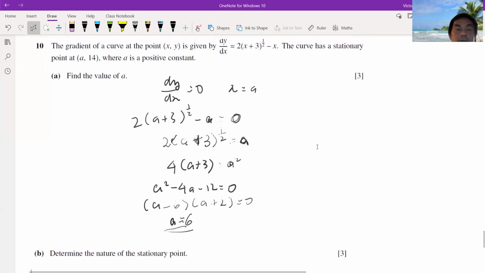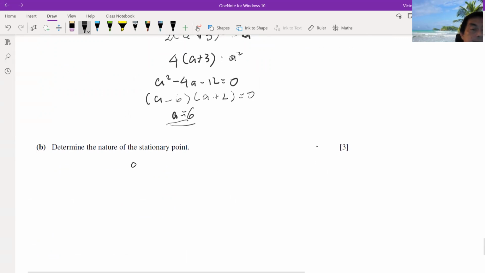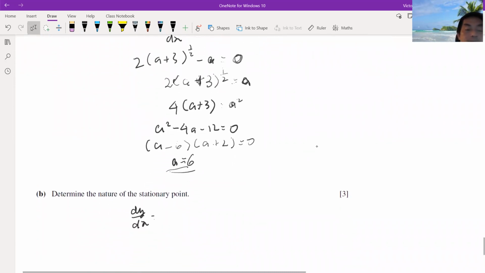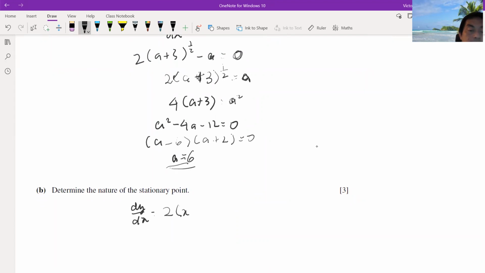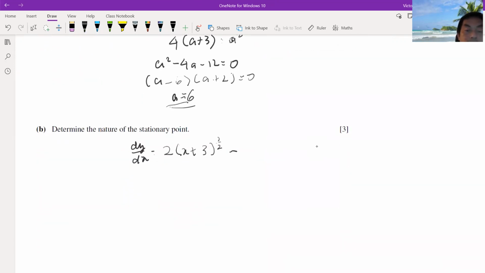Determine the nature of the stationary point. To determine the nature of a stationary point, you need to find the second differential. So here dy/dx is (2x + 3) to the power half minus x, and d2y over dx squared equals half times 2 is 1.